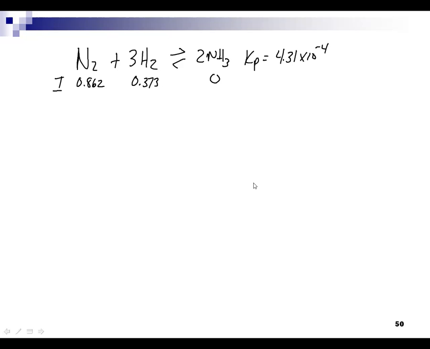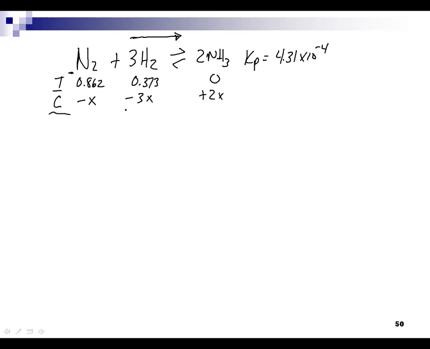Because that is 0, it is pretty safe to assume that this reaction is heading in this direction. So our change is going to be minus x, and for the coefficient, minus 3x, and plus 2x over here.